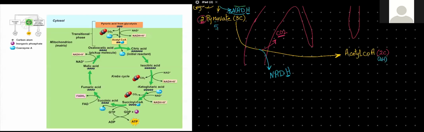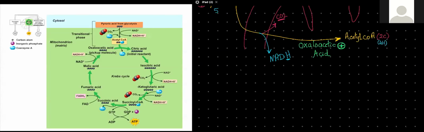In order for the acetyl-CoA to pass through those cascade of reactions, the first step is to bind to oxaloacetic acid. The oxaloacetic acid, when it binds to the acetyl-CoA, is going to be forming here citric acid or citrate.